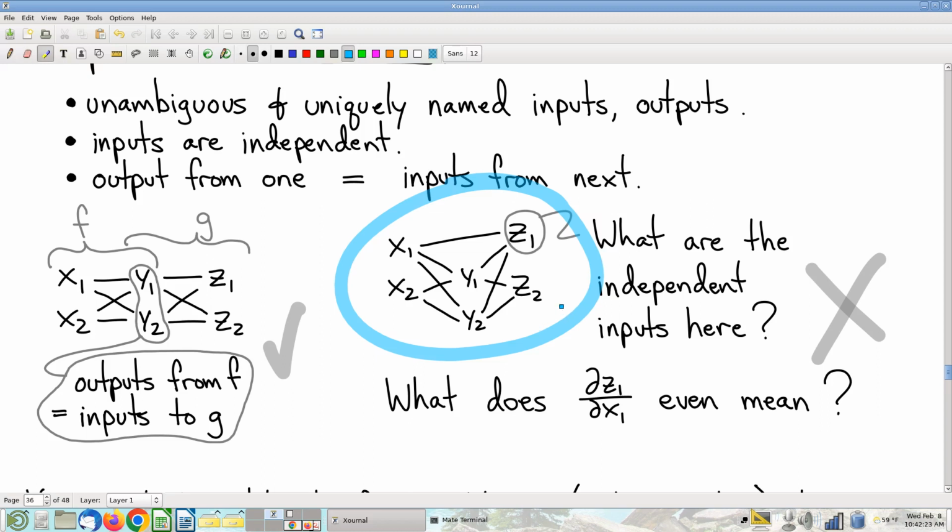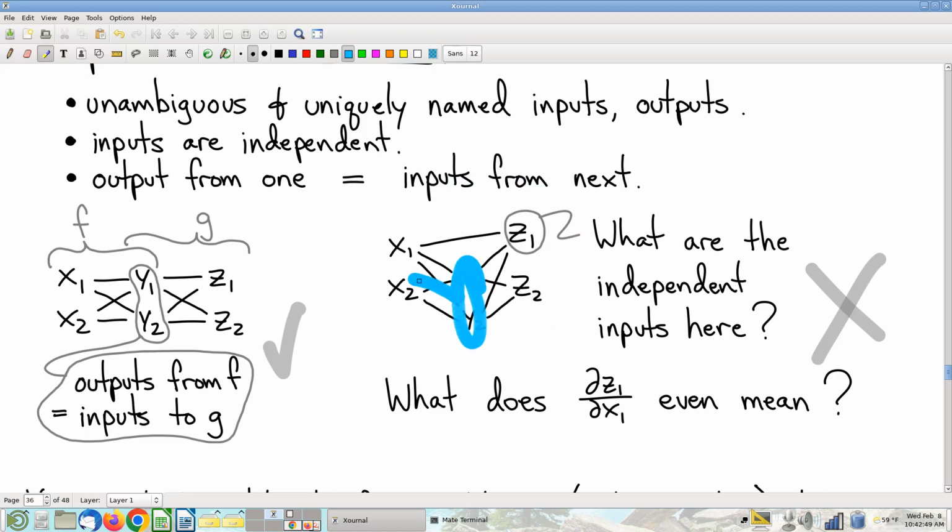What are the functions in this picture here? And when I say what are the functions in this composition, what I mean is, first of all, what's a function of what? And are the inputs for the second function exactly the outputs from the first function? And, well, we've just got a nasty problem here because I might say, for example, that, okay, well, these are functions of those.